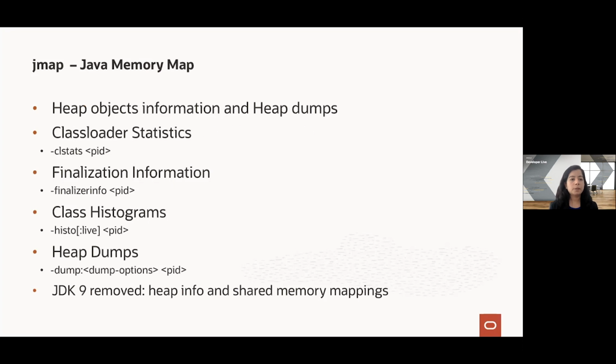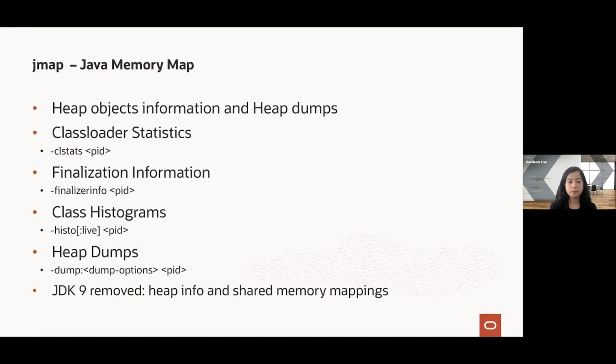Next tool on the list, jmap, Java memory map. This tool is really helpful in obtaining heap objects information and creating heap dumps. There are various options that are available with this tool.